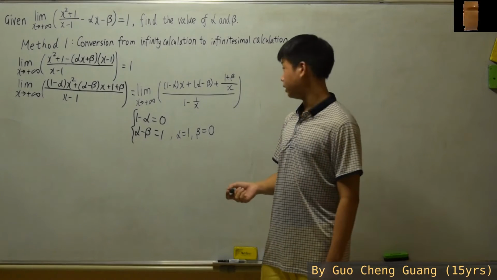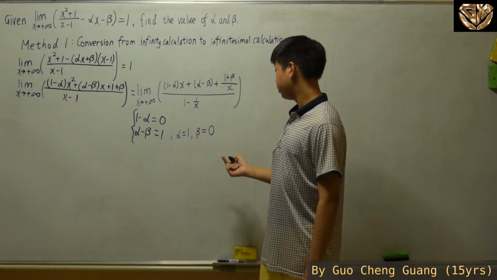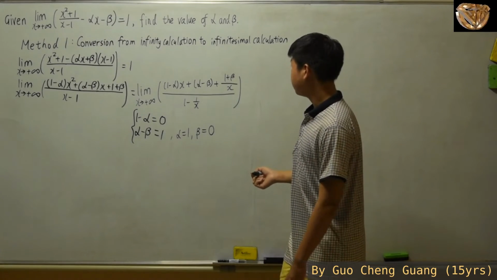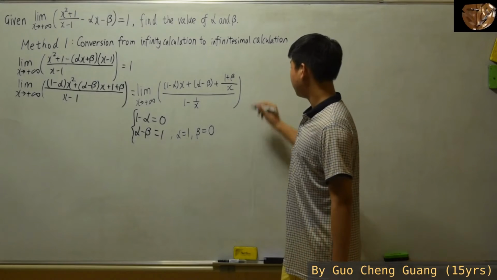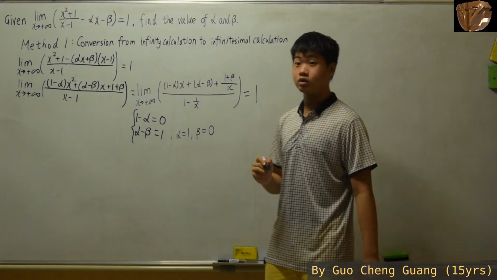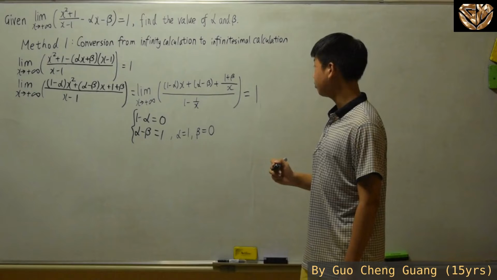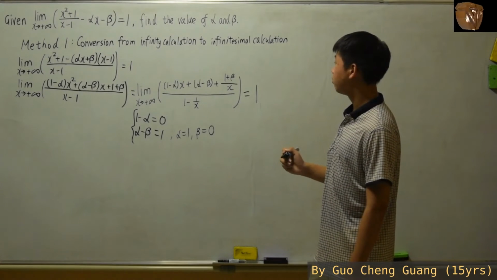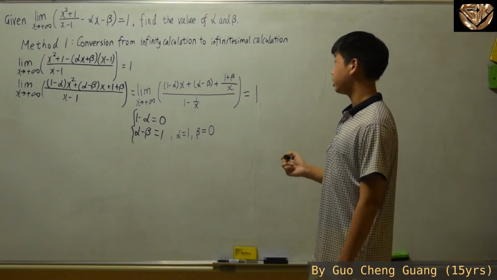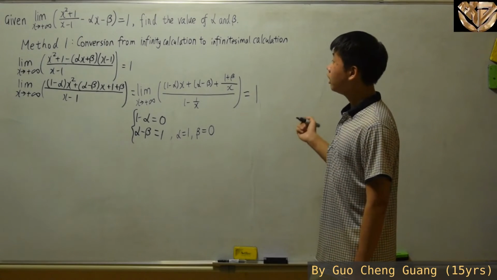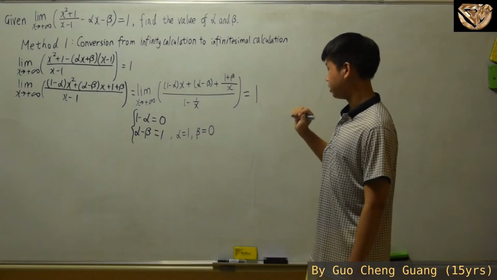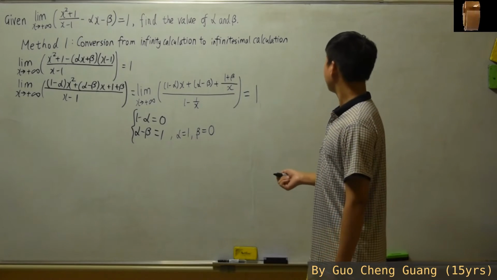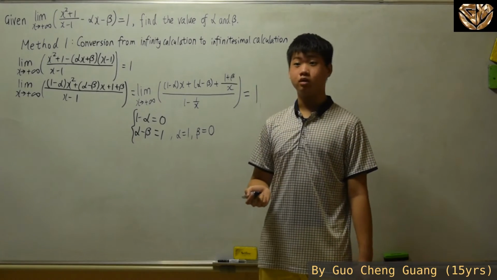So these will be the two different results that we get, alright? So that will be for our first method, where we change from infinity calculation to infinitesimal calculation after combining them into a single fraction, then dividing both numerator and denominator by x. Right, so that's the first method. I hope that you're clear of that.